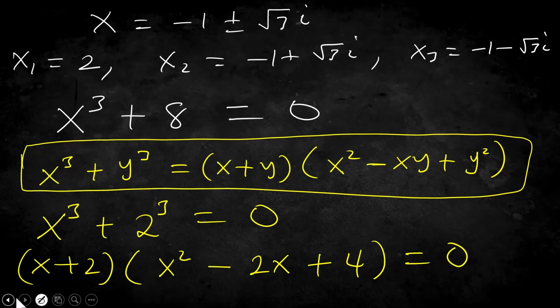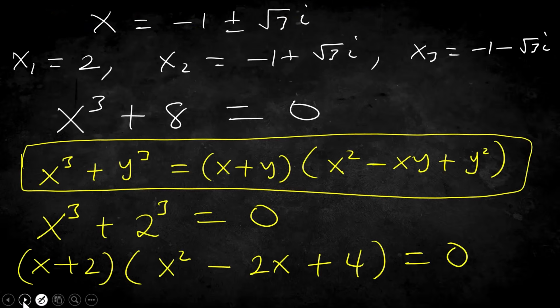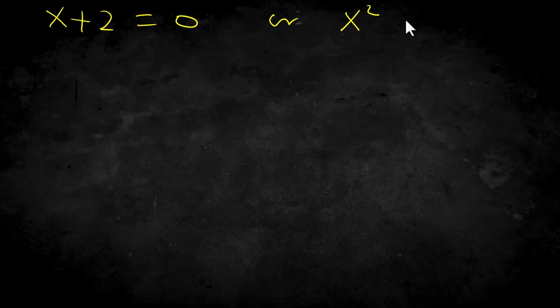Now with the zero product, x plus 2 equals 0, or x squared minus 2x plus 4 equals 0.